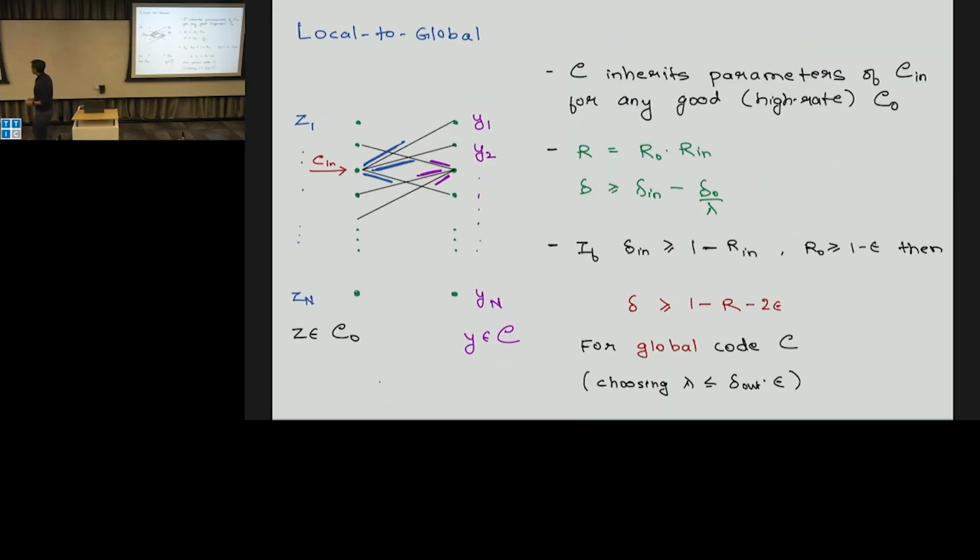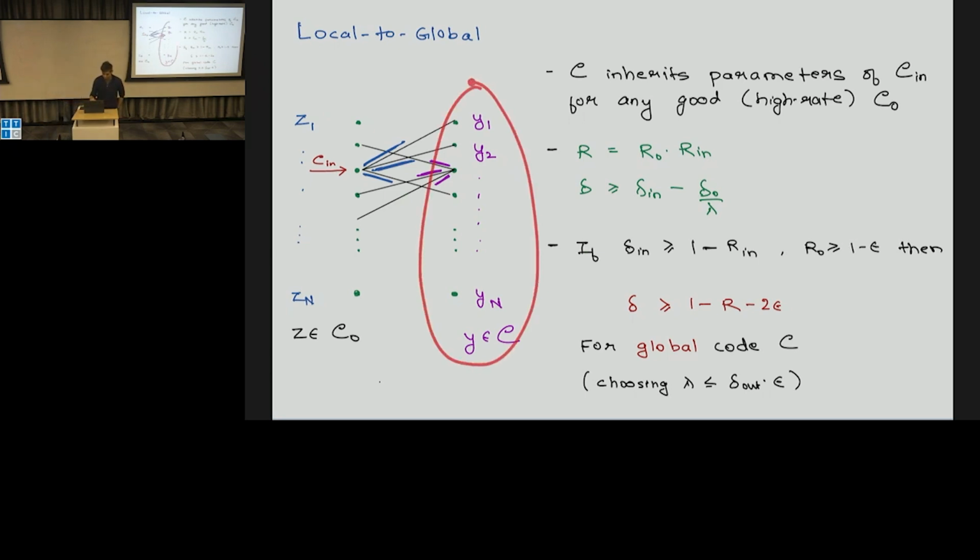And what they can show, this was the Alon, Edmonds and Luby result, is that these codes have an amazing local to global property. If this small code, this thing that maps 7 bits to 10 bits that we chose, has good distance and rate properties, so if it had the Singleton bound-like behavior, that the distance was equal to 1 minus the rate, for this small constant size code, then you get it for the whole code.